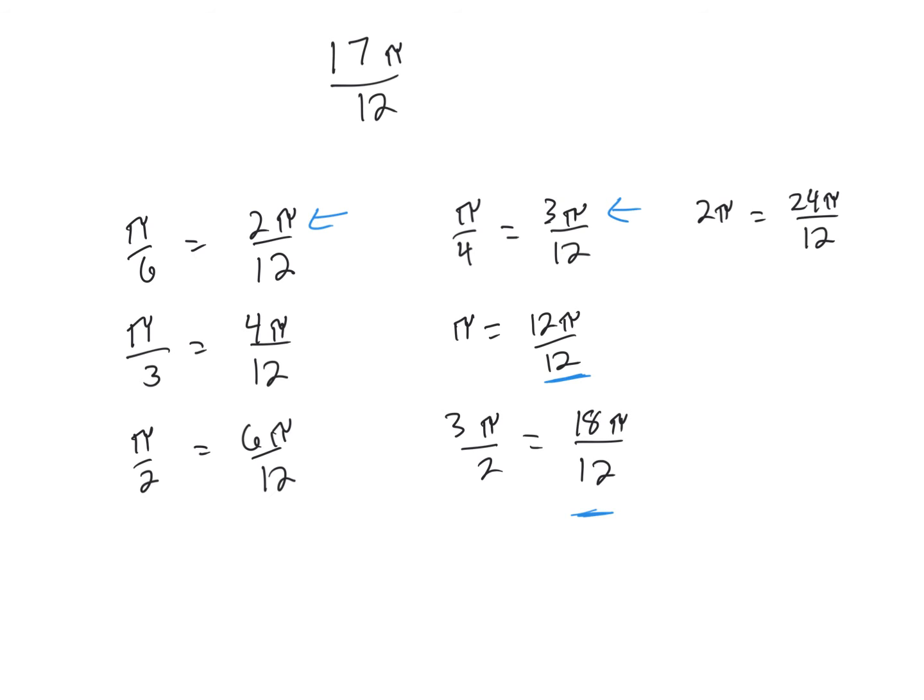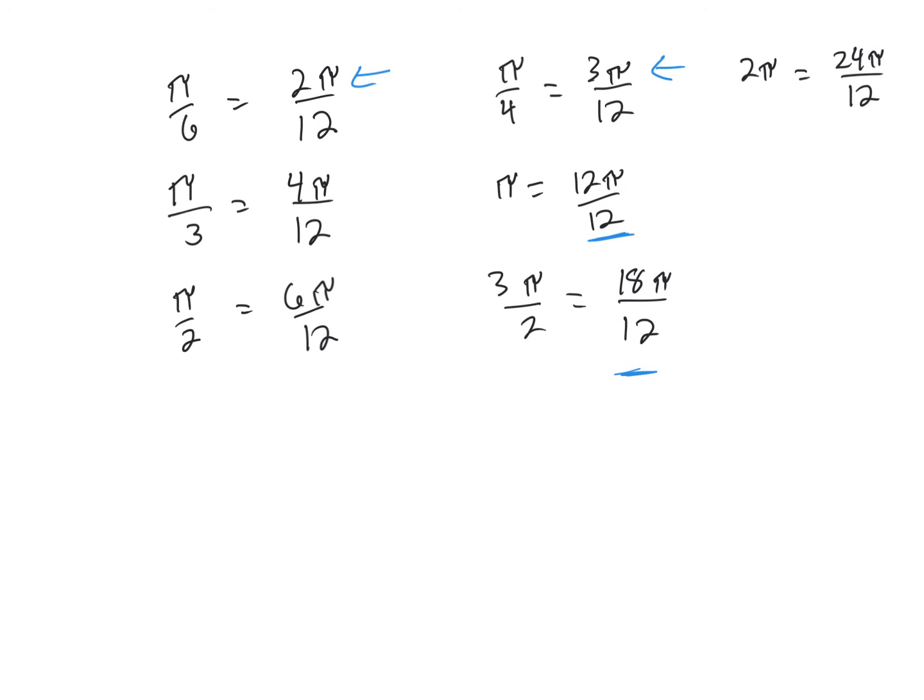So this is multi-step. If I draw this, my reference angle would be here, and it would be the sum of the 2 pi over 12 and the 3 pi over 12. So let's try seeing what that would be.